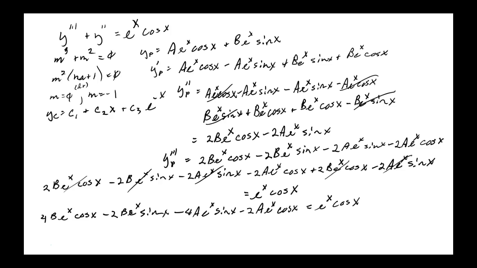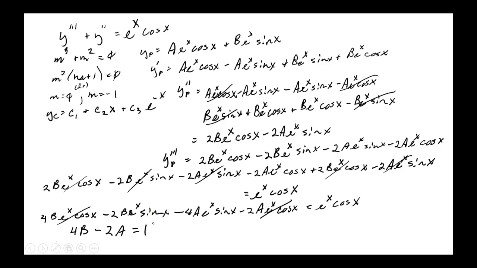So that's going to be a 4b. Here's another minus 2a. Those are your 2 terms with e to the x cosine x, right? That's got to equal 1.